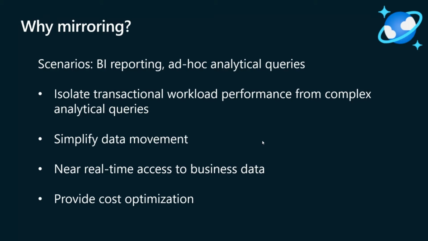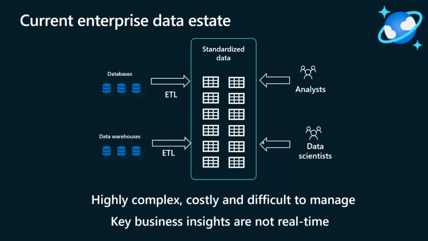What we see in a lot of setups today is this ETL kind of setup to isolate the databases from performance impact. Customers set up the ETL and take the data to data warehouses and then process that on a nightly basis. And then the analysts access the data from the warehouses. But this is very cumbersome, complex, and the data is not available in real time.